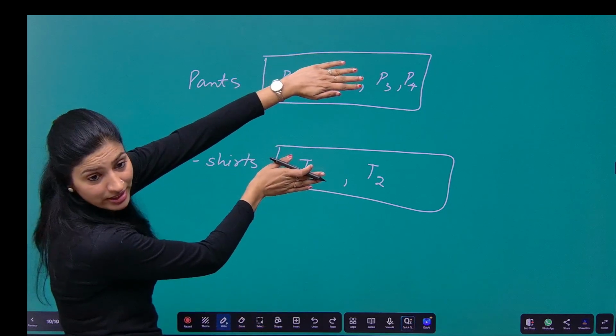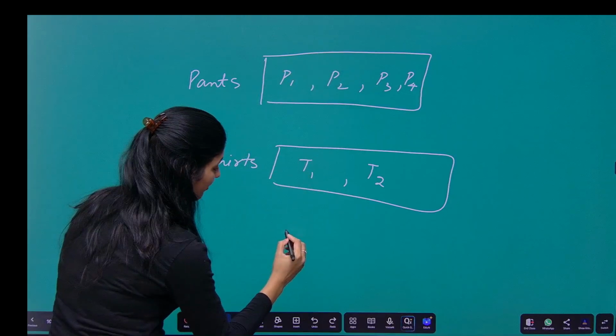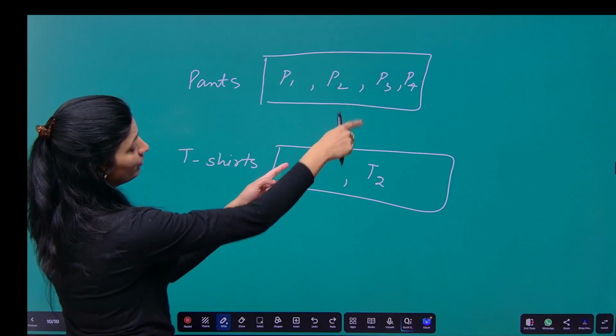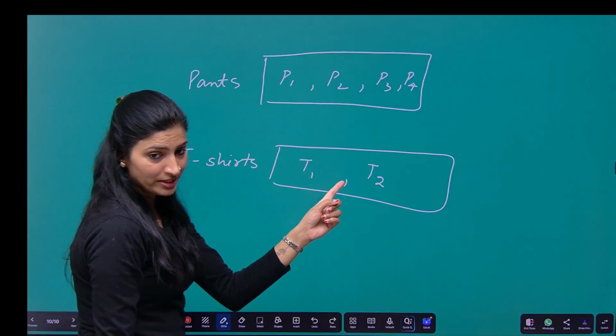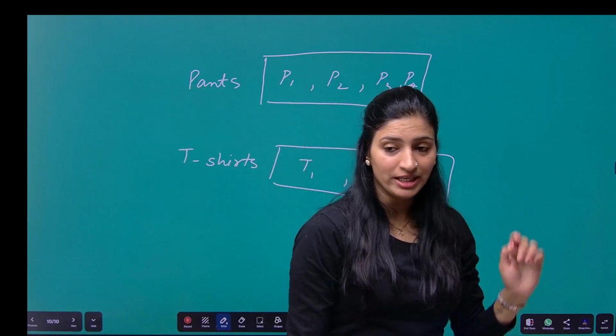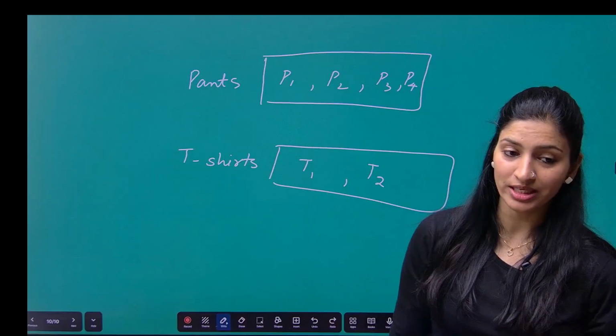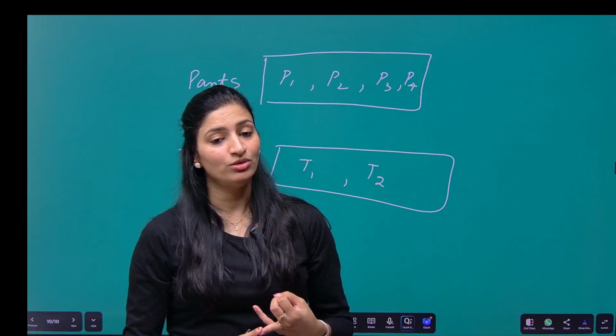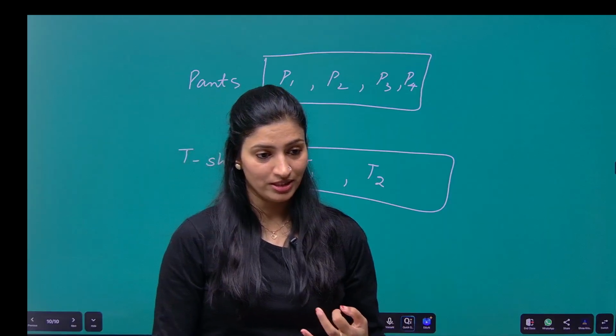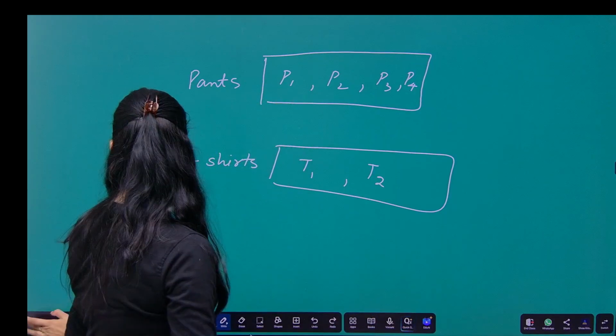Now see here, we have different data sets, okay? So we have total 8 combinations, right? 4 into 2. So when we have different data sets, it's very easy to calculate. Here we are not dealing with duplicate data, and we are not dealing with redundancy. So that will be seen in higher grades.